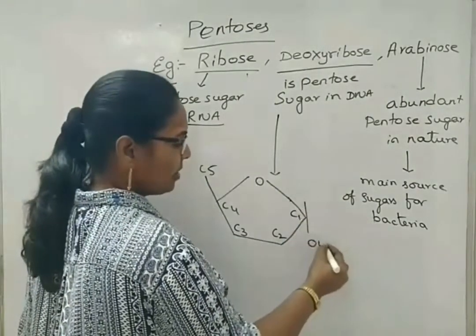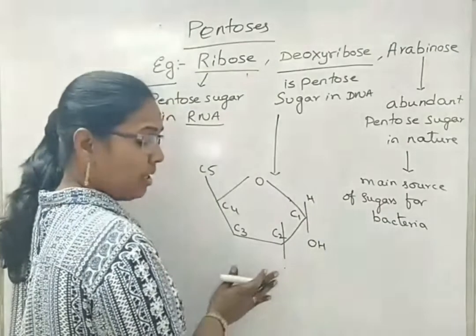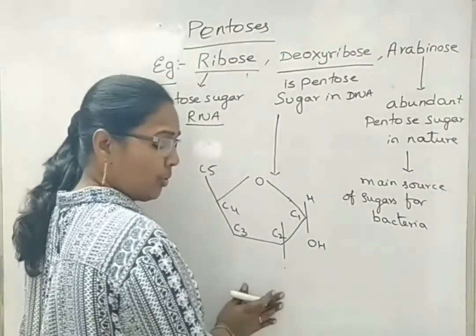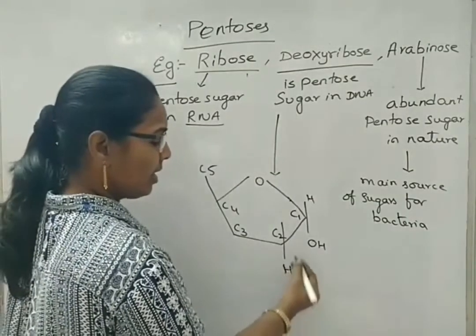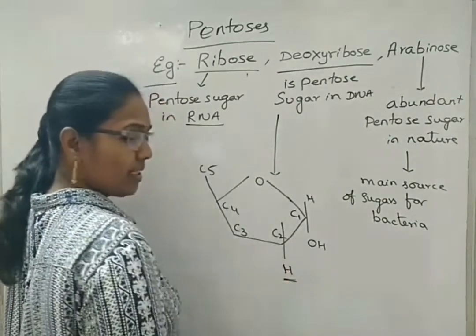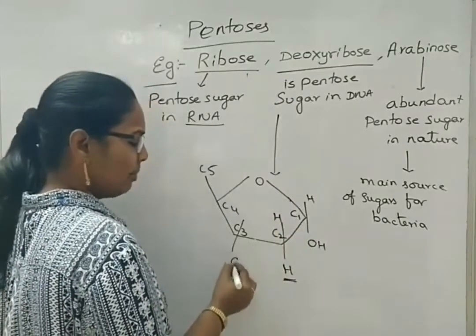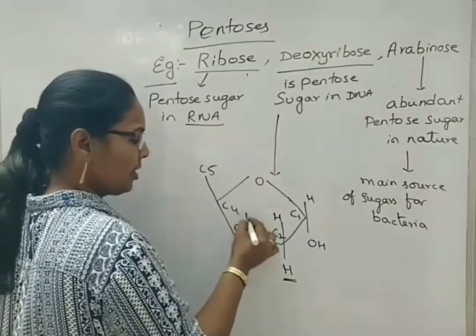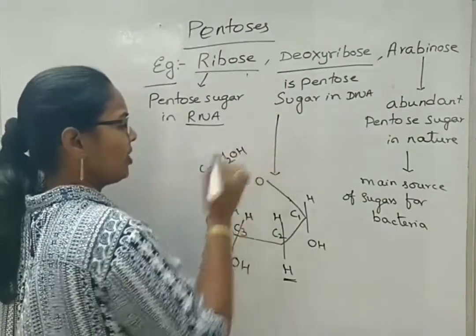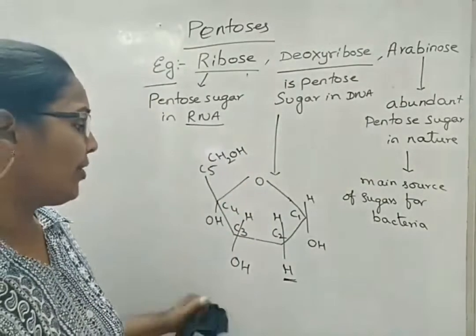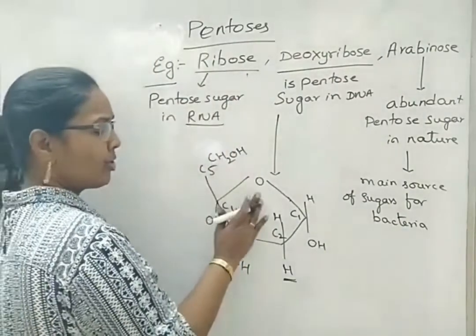Now, again the same structure, but here instead of OH, as we have seen how the oxygen or OH group is removed with the help of water molecules, it is existed only with a hydrogen at a second carbon, and again hydrogen here, but at third carbon there is OH, H, OH, and here CH2OH is present at fifth carbon position. Now this is nothing but under pentose sugars.